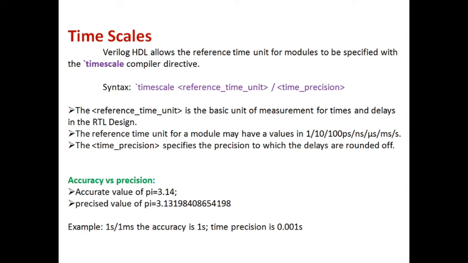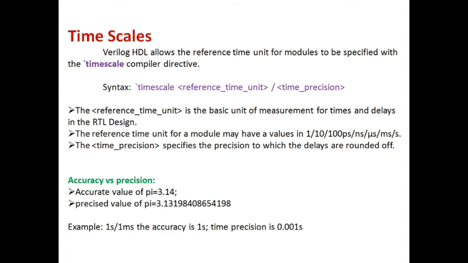A precise number is going to have a lot of digits, but the thing is it might not be very correct. That means it is giving us a lot of information but says nothing about how correct it is. So that is what you can say here.